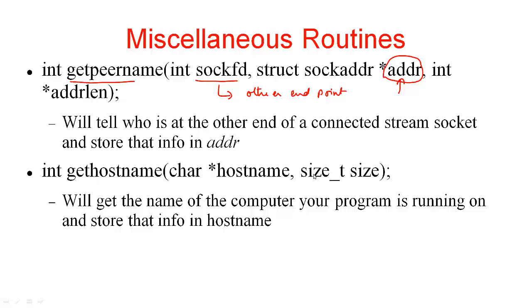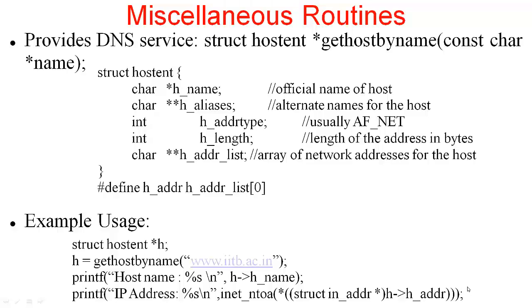At times you want to know the name of your computer on which your program is running and store that information into the host name. For this you can use this specific function called gethostname, and that name is stored in this particular pointer. Sometimes when you're doing socket programming, you want to work with host names.